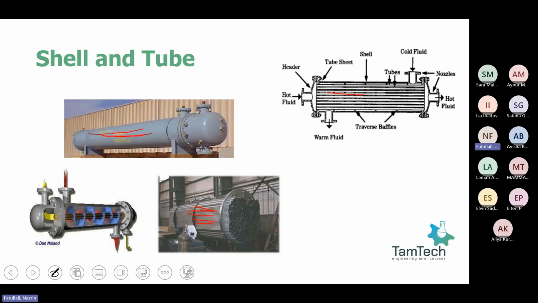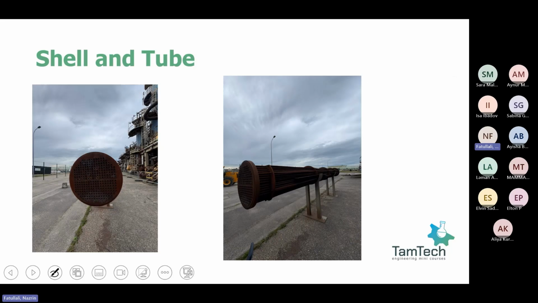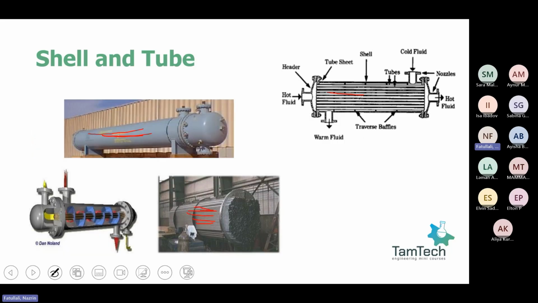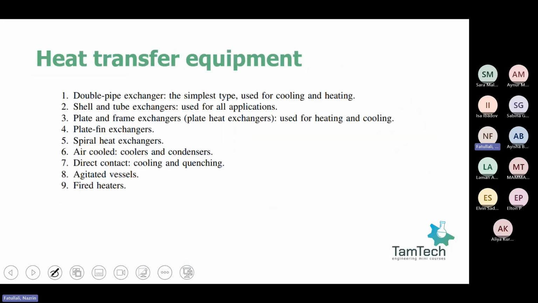Here we also have baffles. The baffle design inside the shell is specifically designed for increasing the turbulence and also increasing the convective heat transfer coefficient. It means that more turbulence means better heat transfer for your equipment, for your industry.